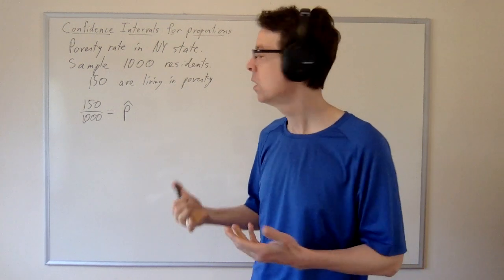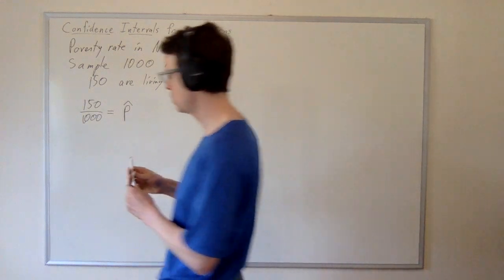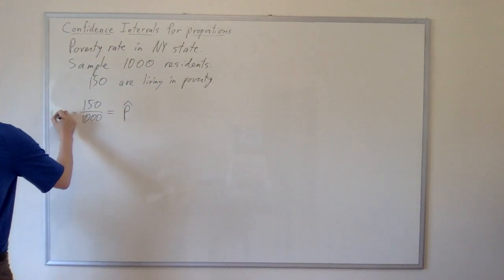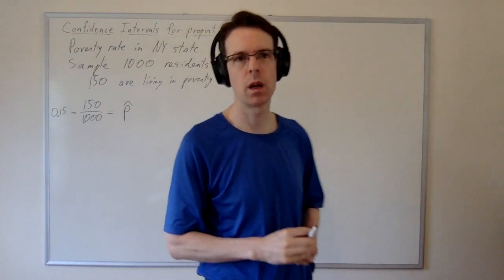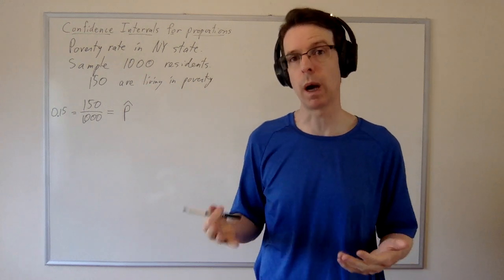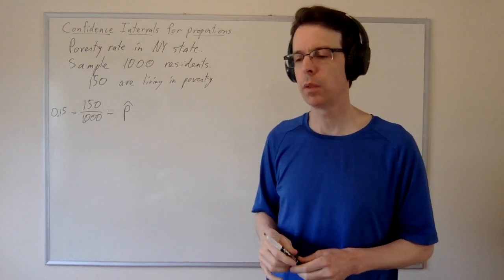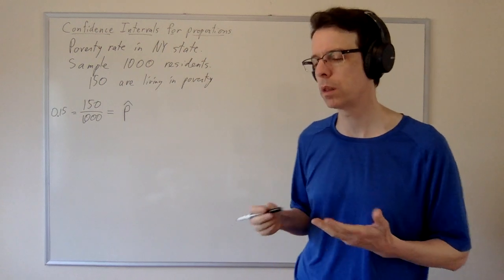Should we infer that of all of the people in New York, exactly 15%, that's 0.15, are living in poverty, or should we infer that it's about that? And if it's about that, then how close is it? That's the question of the confidence interval. We need to find the confidence interval.